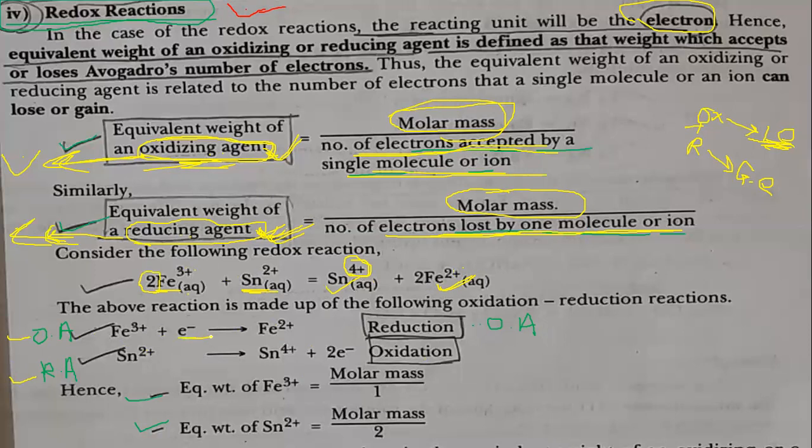Fe3 plus takes the electron and it undergoes reduction, so it is the oxidizing agent.